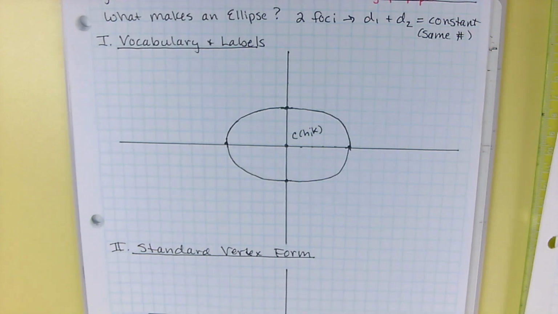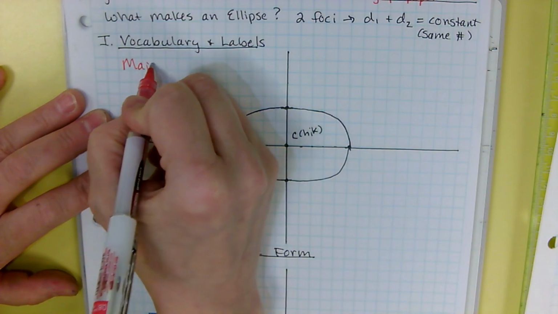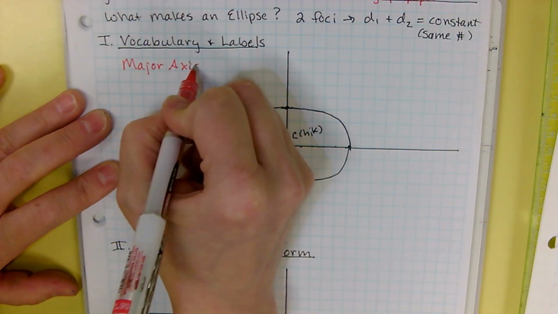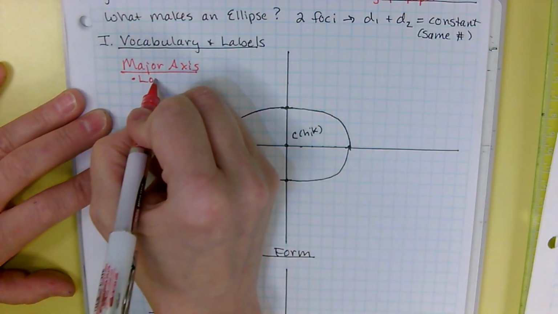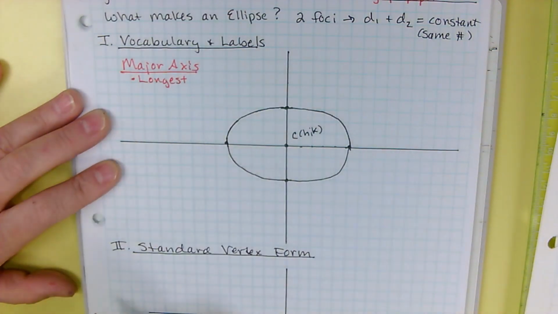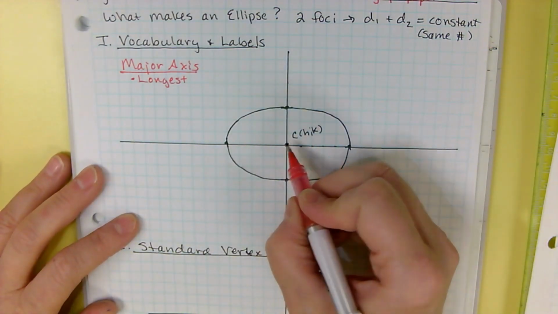Okay, so when you're looking at an ellipse, there's obviously a longer axis and a shorter axis. The longer axis, and yes, I'm using red, is the major axis. The major axis is the longest axis of the two. The way you find it is from the center.